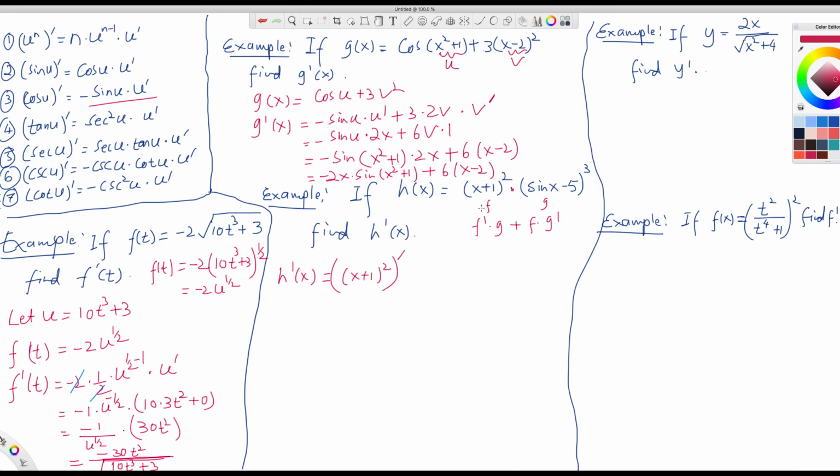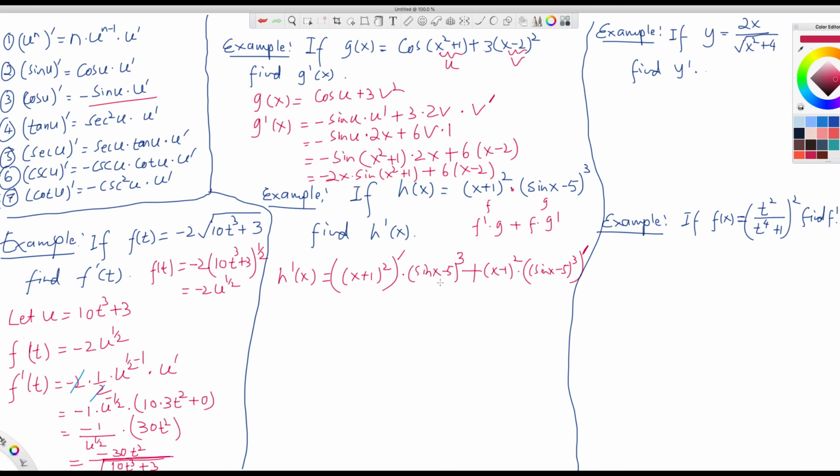But since this is the product rule, the whole thing will be f, and the other whole thing will be g. So f prime times g, sine x minus 5 to the third. This is f prime times g plus f, which is (x plus 1) squared, times g prime, (sine x minus 5) cubed, prime. This prime stands for derivative.